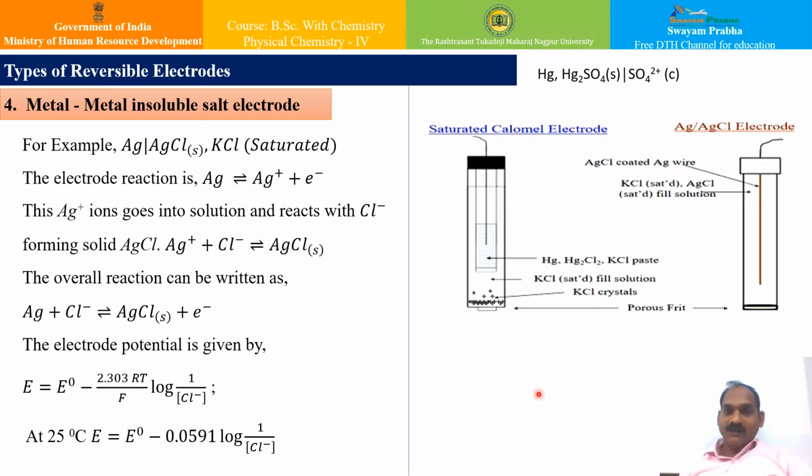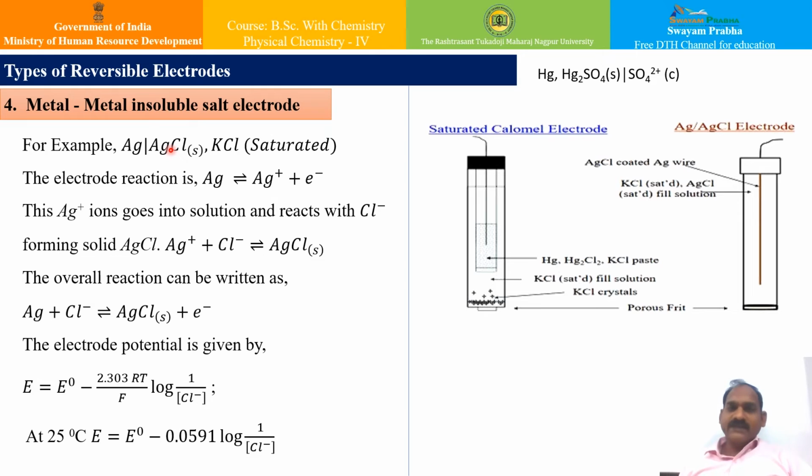Now the metal insoluble salt electrodes usually consist of a metal electrode in contact with an insoluble salt of the metal, isn't it? That is what we have seen.